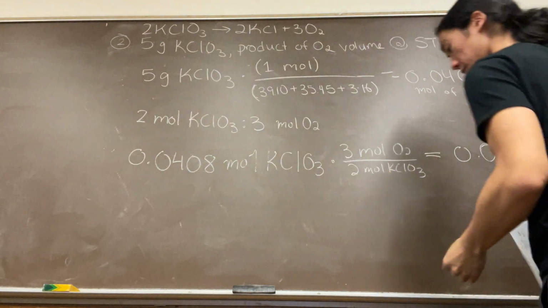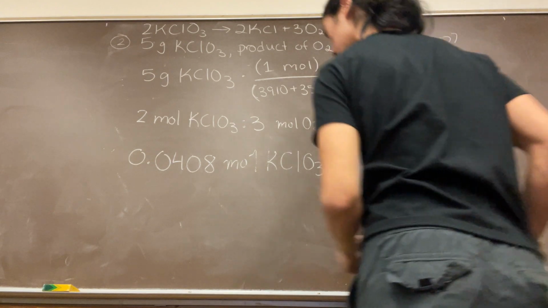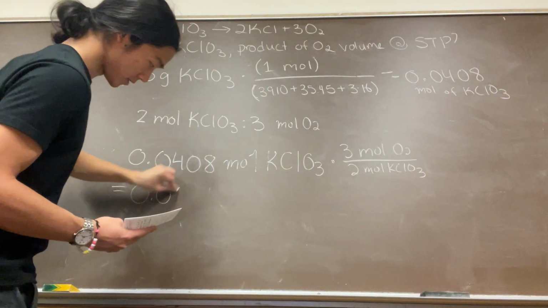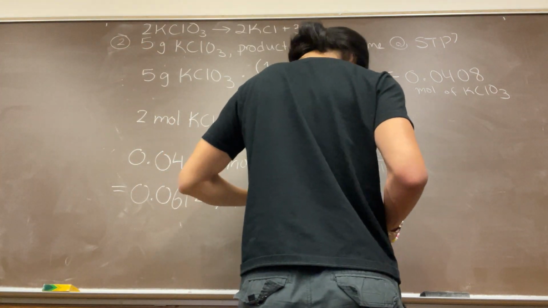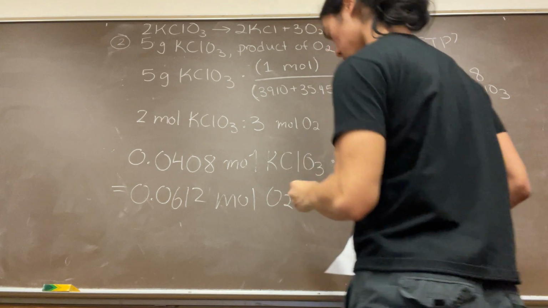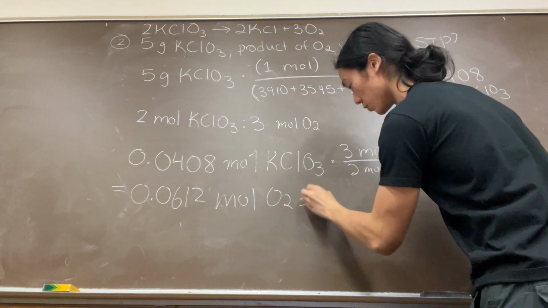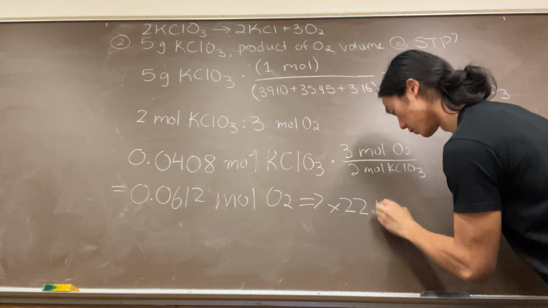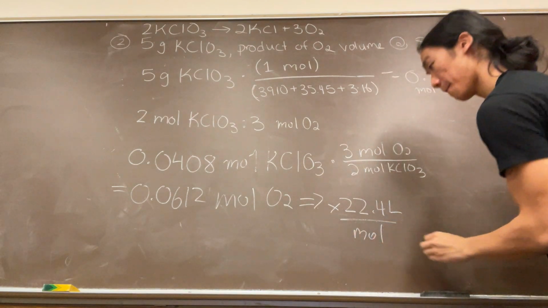I'll write it again right here. It's fine. Equals 0.0612 moles of O2, right? So we're one step away now. We have how many moles of the gas there are. So now we just need to multiply this number by, remember the number, 22.4 liters of gas per mole, right?